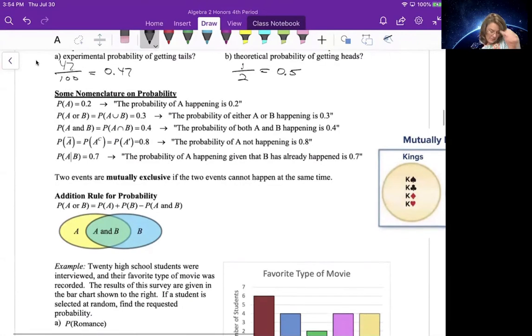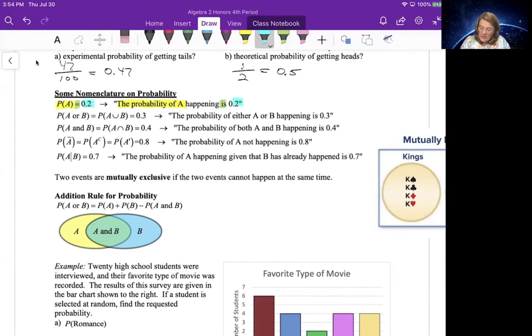Let's talk about some nomenclature for probability. We have P with an A in parentheses, P(A). What does that mean? That means the probability of A is equal to 0.2. So the equal sign is the same as "is," and 0.2 is 0.2.